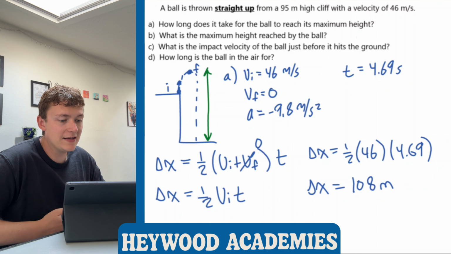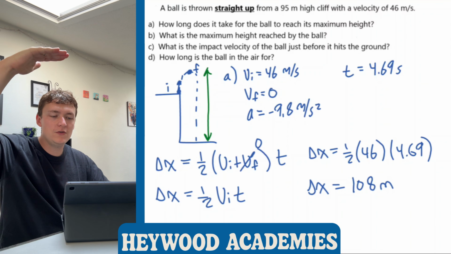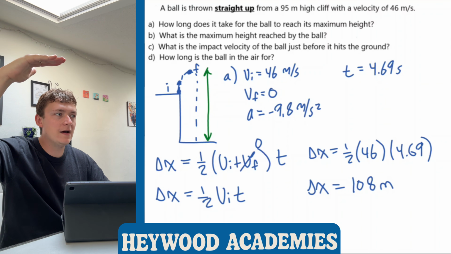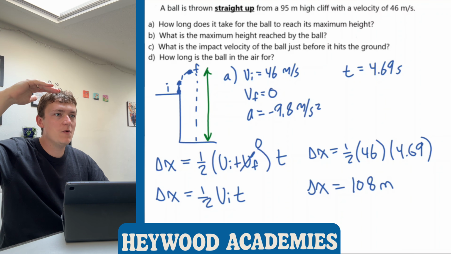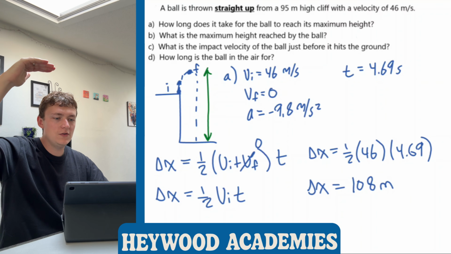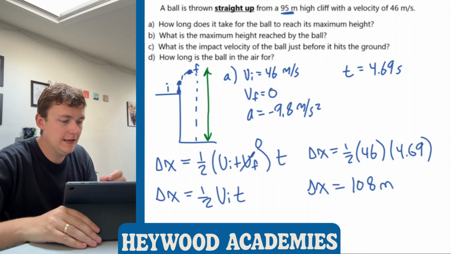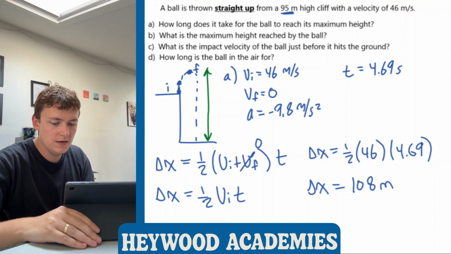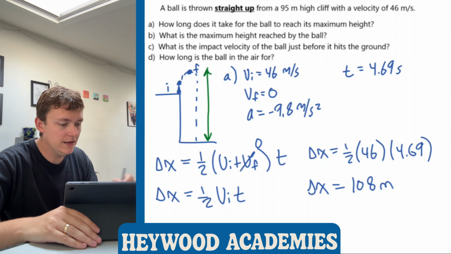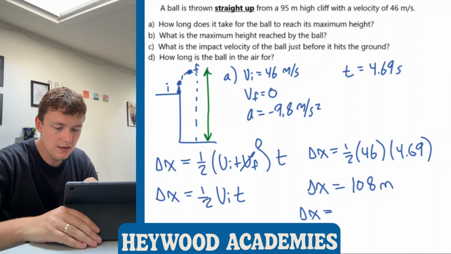So if they're asking for the maximum height from the top of the cliff to the maximum height, our answer would be 108. But if they wanted the maximum height all the way from the ground to where it stops at the top, then we'd have to add that extra 95 for the height of the cliff. In this question, they're not being very specific. If you're on a test, I would double check with your teacher, but maybe I won't call this delta x.